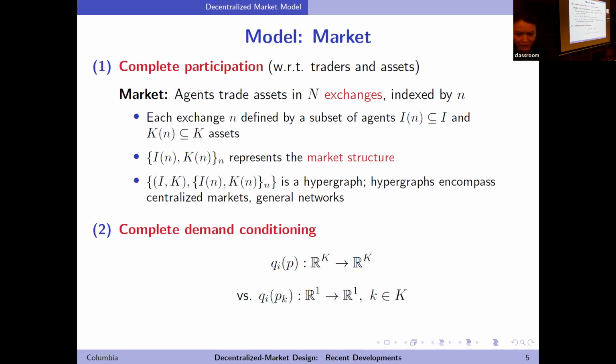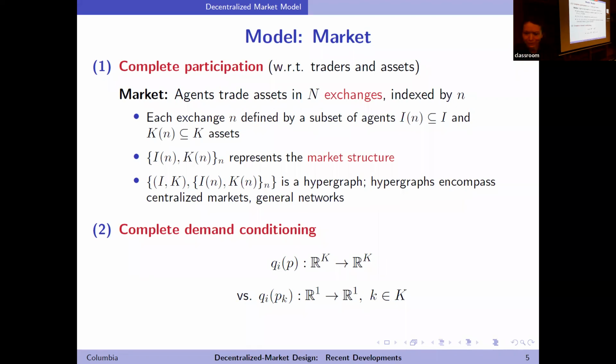If we index agents by i, assets by k, and exchanges by n, the collection of all exchanges, each defined by a subset of agents and a subset of assets traded, completely describes the market structure, and together with a set of traders and assets, mathematically represents a hypergraph. A hypergraph is just a generalization of a graph that allows an edge, an exchange here, to connect many traders rather than two.